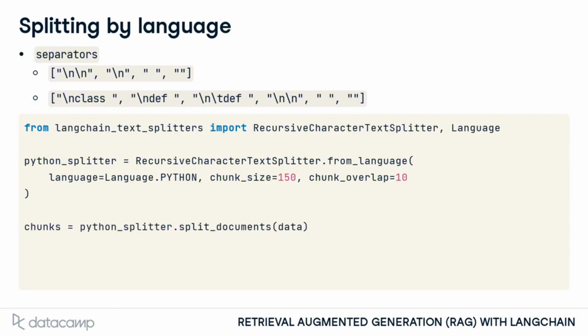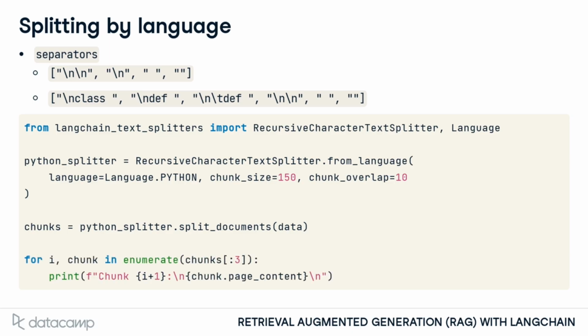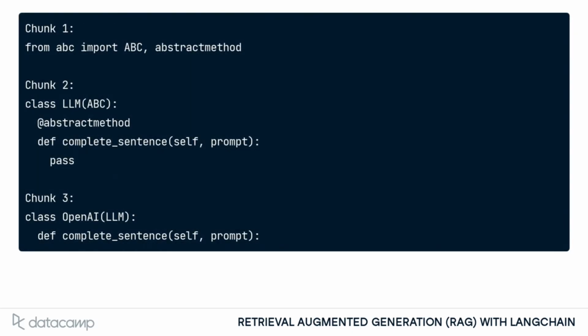Now let's call .split_documents to perform the split and view the first 3 chunks again. As we can see, the splitter was able to split on class definitions, so all of that context is kept together. Note that this approach isn't final, and depending on the size of the classes and functions relative to the chunk size, we may get differing results.